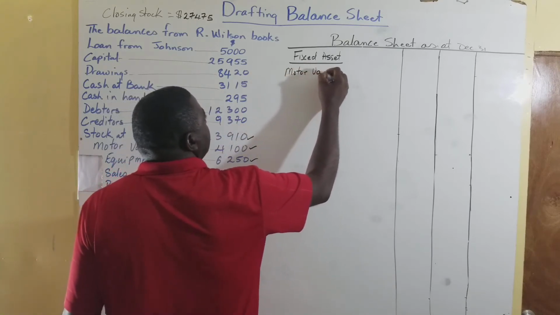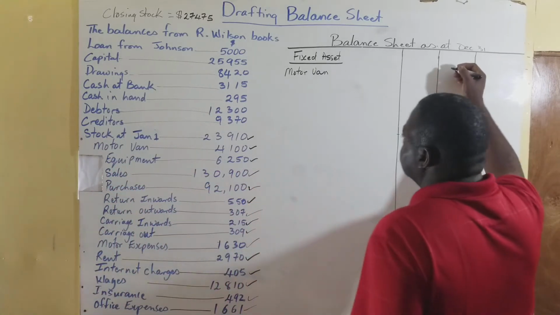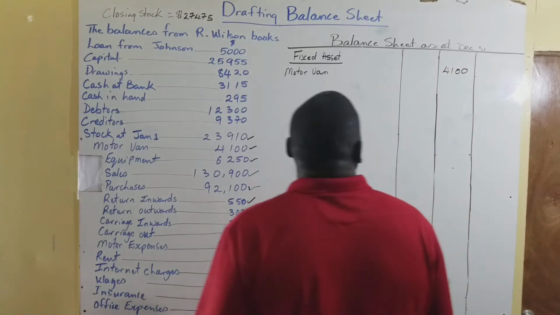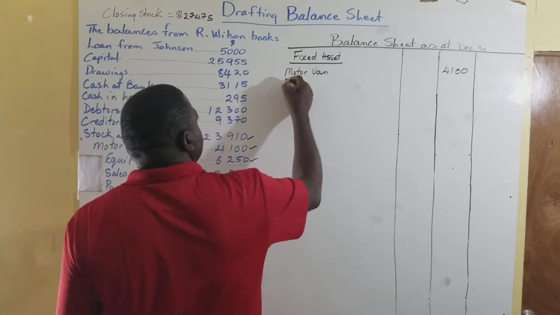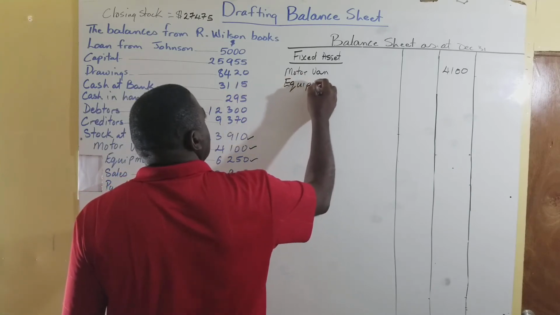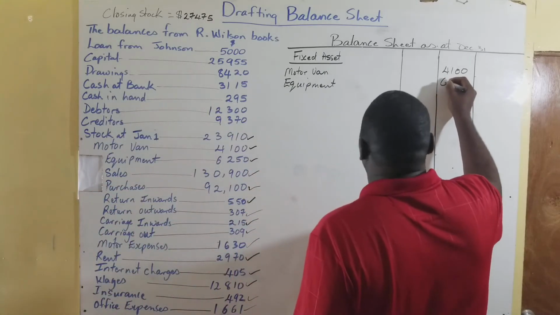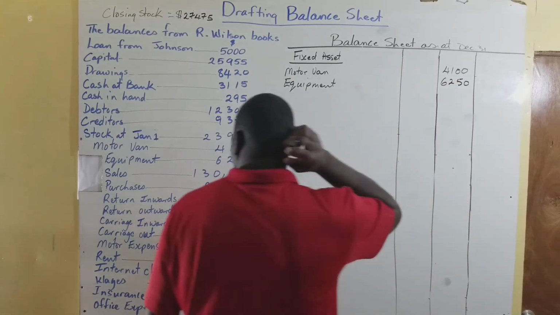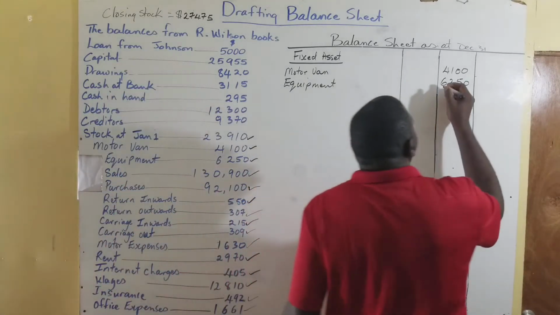So we have the motor van, and the motor van is 100, and then we're going to have equipment, and the equipment figure is 662.50. At this time, we can add these two figures.